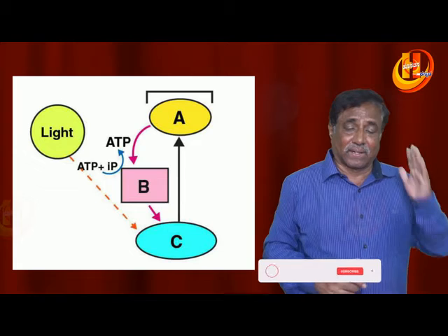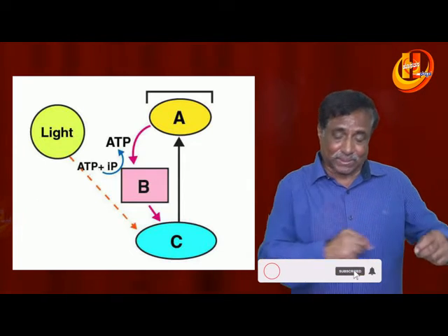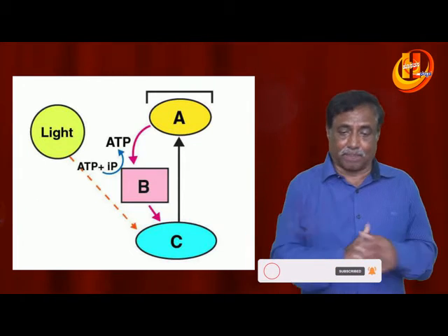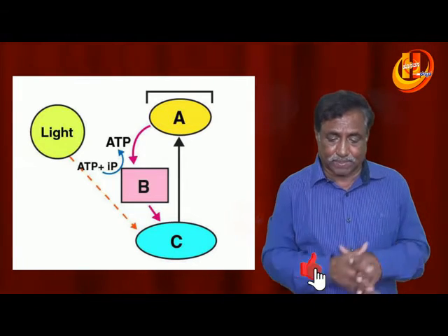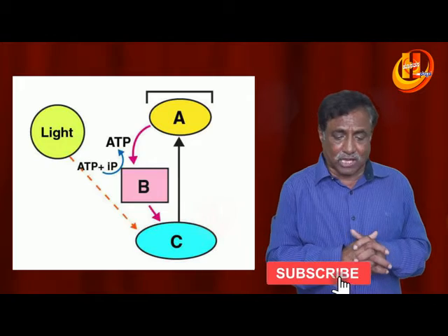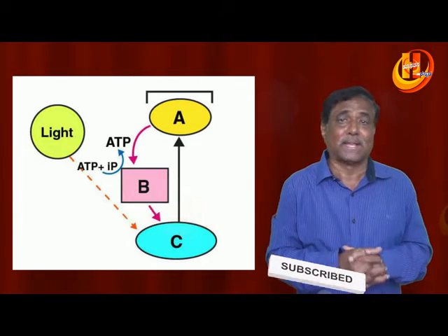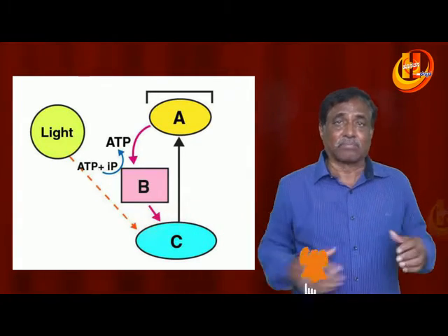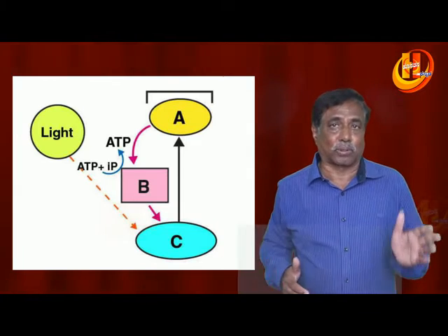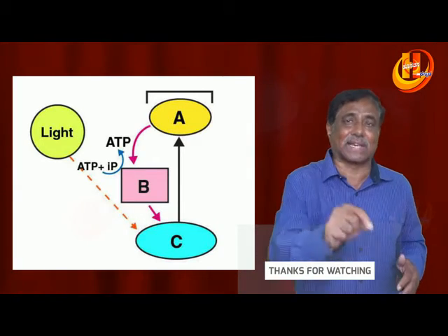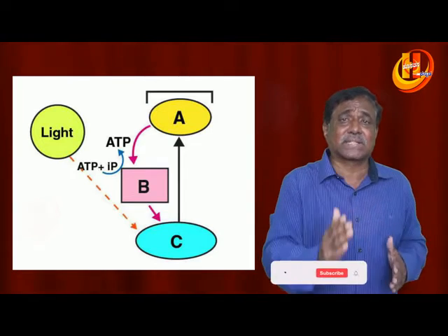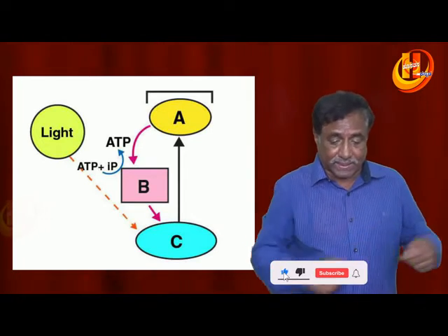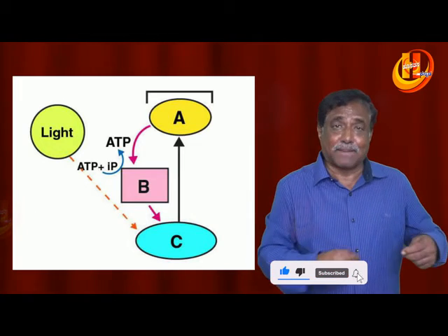Then again from cytochrome B to cytochrome F, ATP formation takes place. The chemiosmotic hypothesis was proposed by Mitchell: as the electrons move from cytochrome B to F, energy is released. This energy is used for the formation of ATP in the presence of light, hence called photophosphorylation. That is about the chemiosmotic hypothesis.